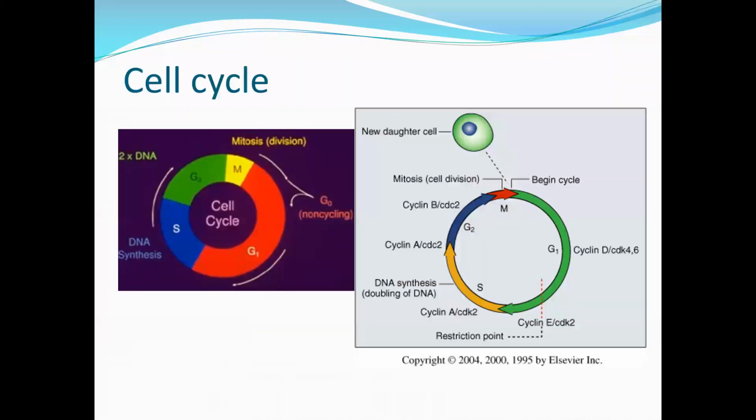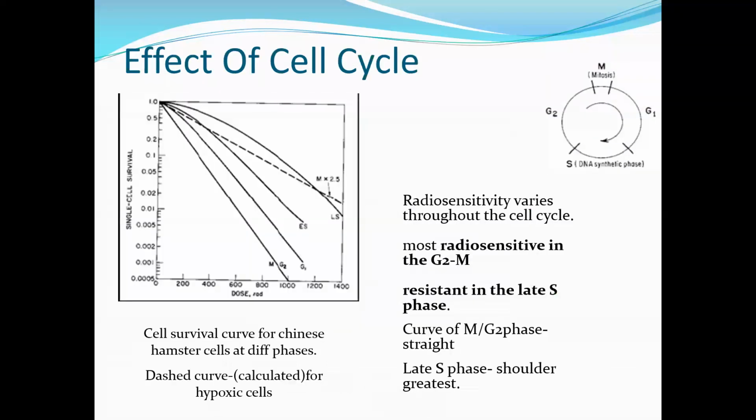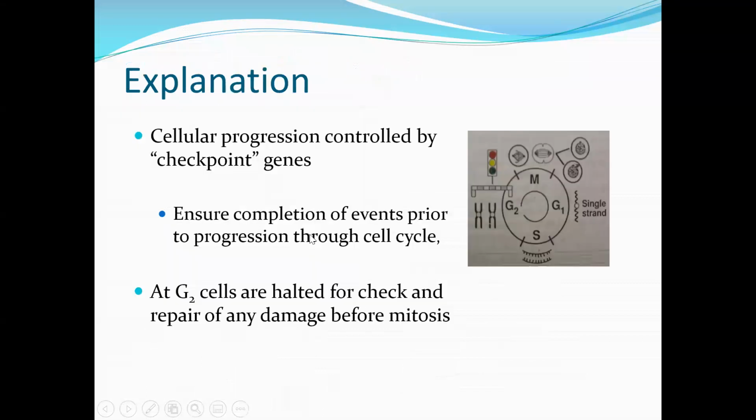Now, going to cell cycle, the same. I'm not going into this. Effect of cell cycle: most radiosensitive in G2M, resistant in late S. So G2M, G1, early S, late S. Cellular progression is controlled by checkpoint genes that ensure completion of events prior to progression through the cell cycle.